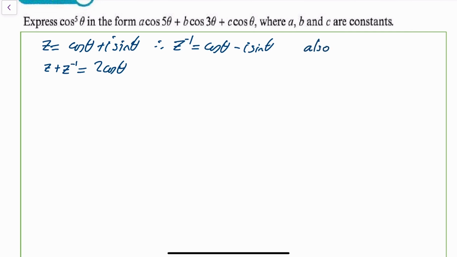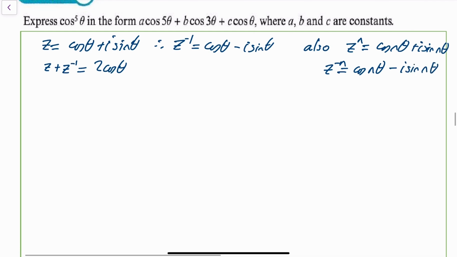Also, we know that z to the power of n would be equal to cos n theta plus i sine n theta, and that means z to the power of minus n would be equal to cos n theta minus i sine n theta.